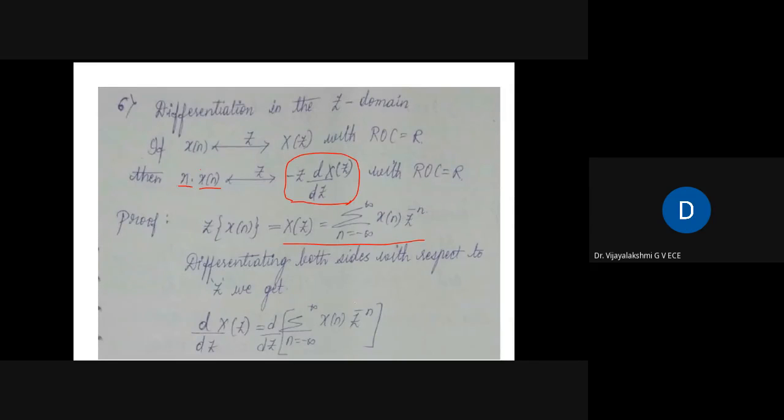On the right hand side you can see I cannot differentiate this term, summation of n varying from minus infinity to plus infinity x of n. So I take d by dz inside. So leaving this term, I take the differentiation of z power minus n. You all know how to differentiate.